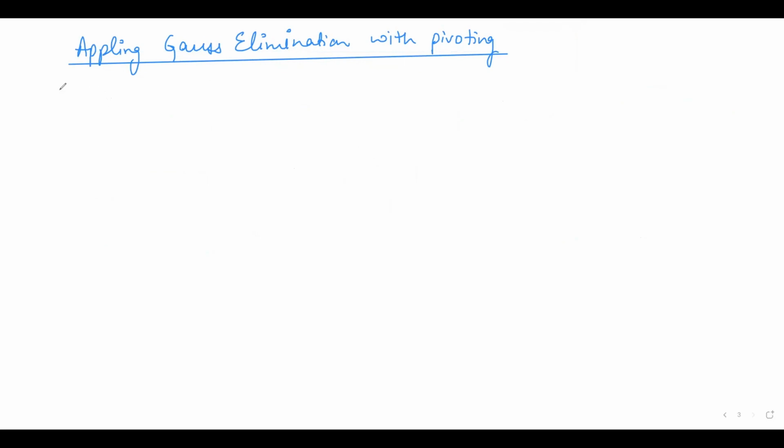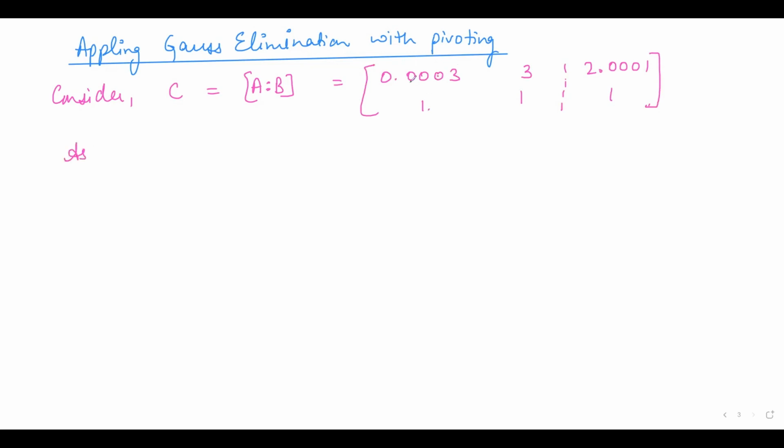So consider your augmented matrix, that is 0.0003, 1, 3, 1. This is 1. Which element is of maximum magnitude out of these two? Because we are talking about the first column. As A21 is of maximum magnitude, interchange the rows.